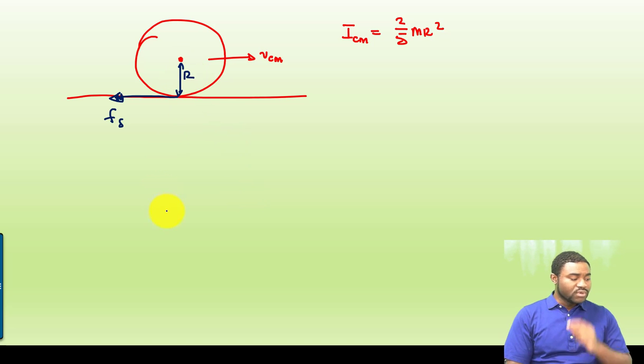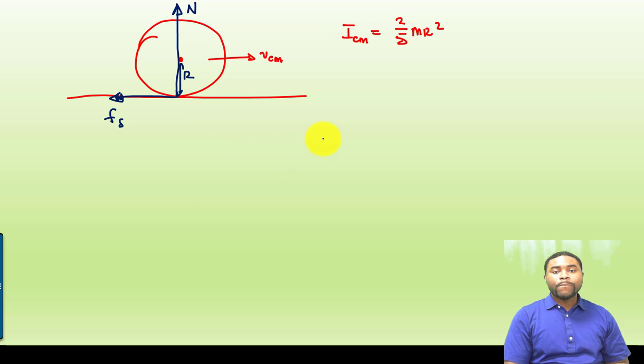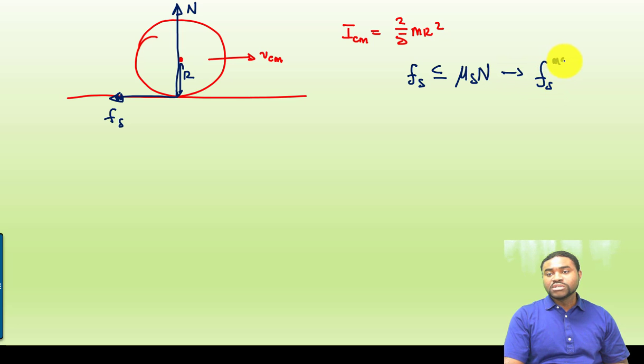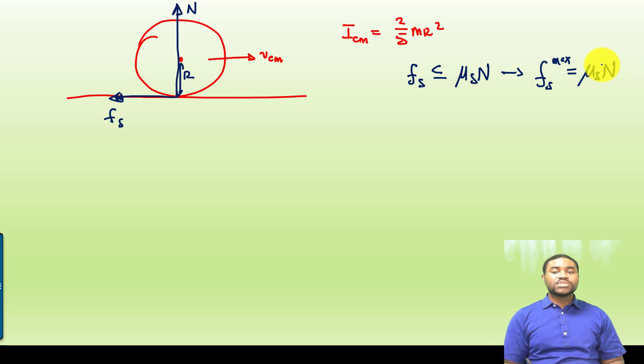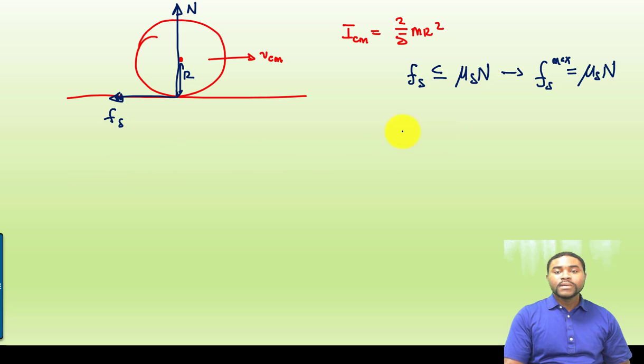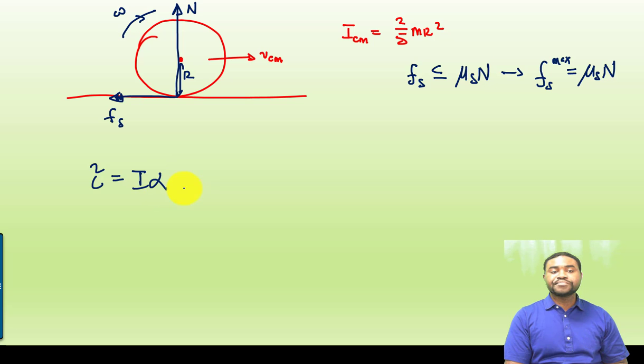is r. That being said, we have the normal force N. By definition, static friction is always less than or equal to what? Mu s n. This implies that static friction max is equal to what? Mu s n. So we have here the torque causing the car to rotate in the clockwise direction is given by I alpha.